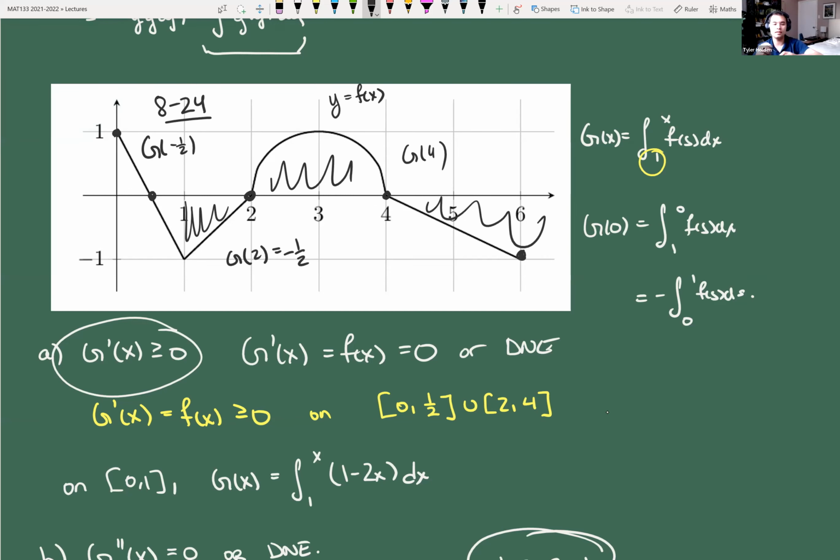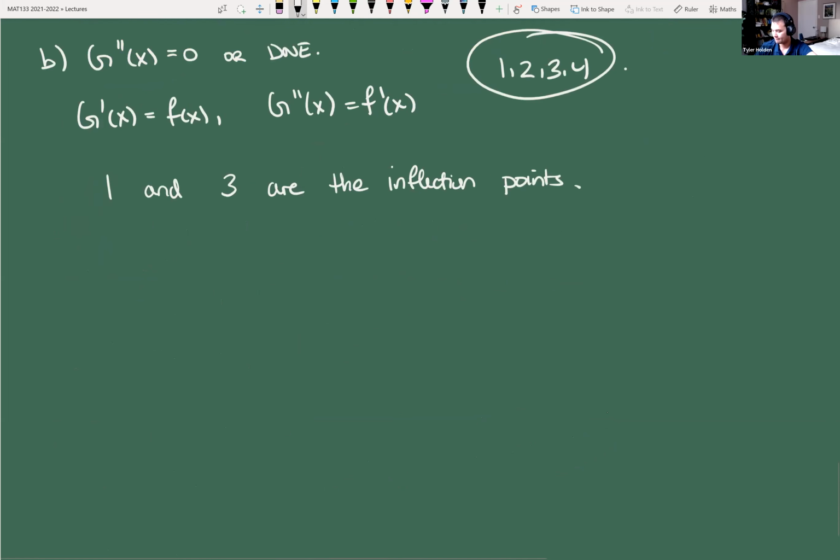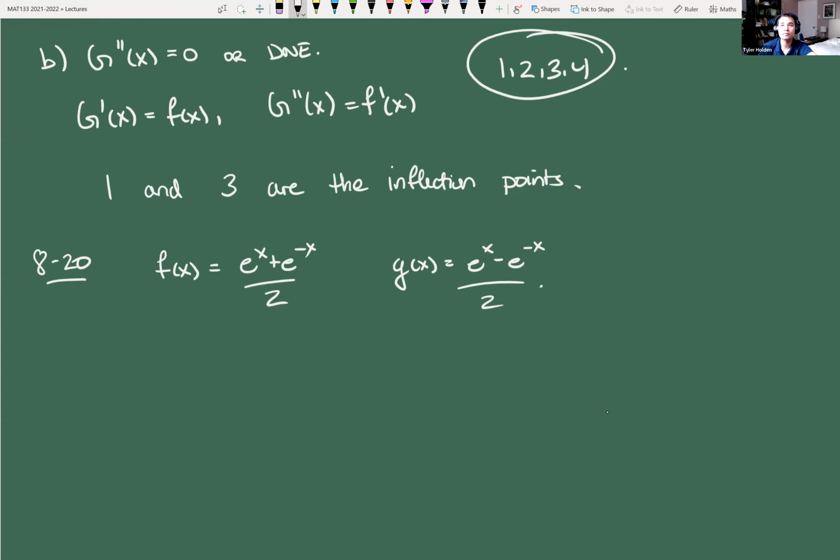Okay, let's look at 8-20, I think was the next one. Ooh, this is a really fun one. This was an assignment one year. So I've given you f of x equals e to the x plus e to the negative x over 2, and g of x is e to the x minus e to the negative x divided by 2.